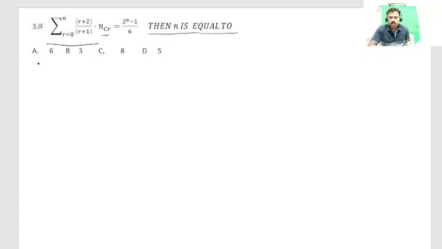So we write this as sigma r equals to 0 to n, here r plus 2 divided by r plus 1 into nCr, equals to, here r equals to 0 to n.